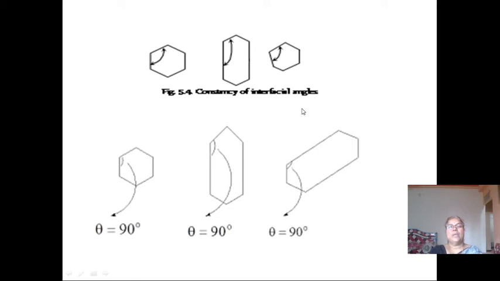Due to different pressure and temperature conditions, the shape of the crystal may change, but the interfacial angle always remains constant. In the formation of a crystal, due to different conditions, the shape may change, but the interfacial angle remains constant.